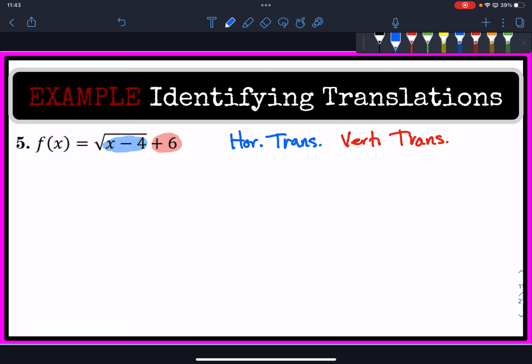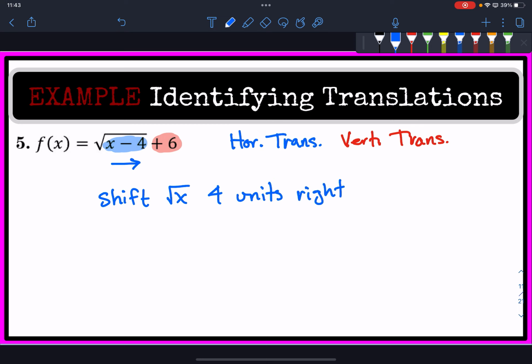Starting with the horizontal one, the minus 4 shifts things to the right. So we are going to slide this square root function 4 units to the right. And the plus 6 is going to slide the square root function 6 units up.